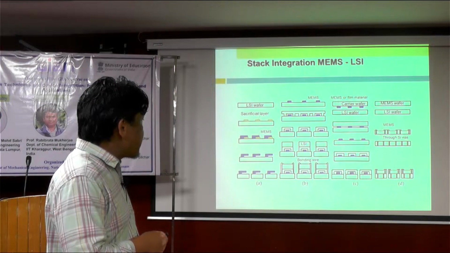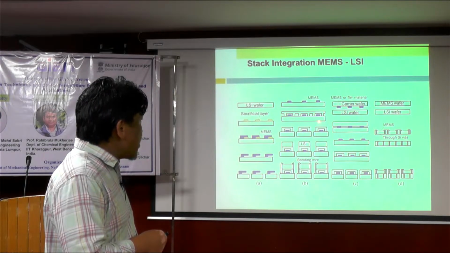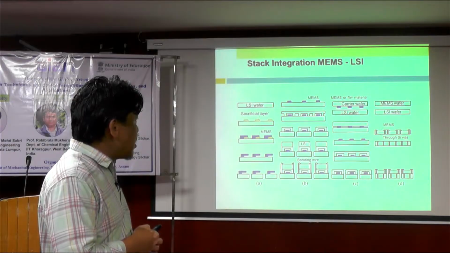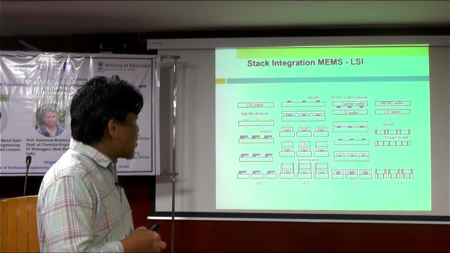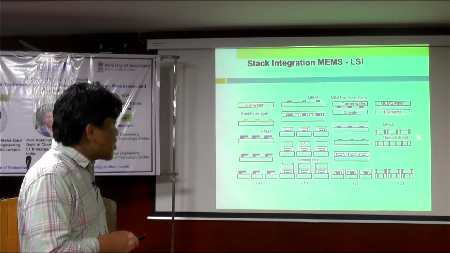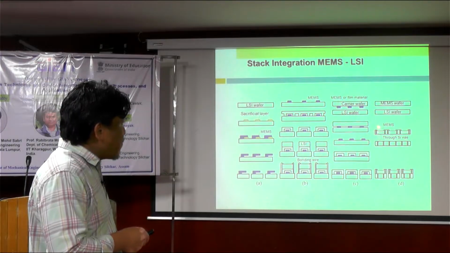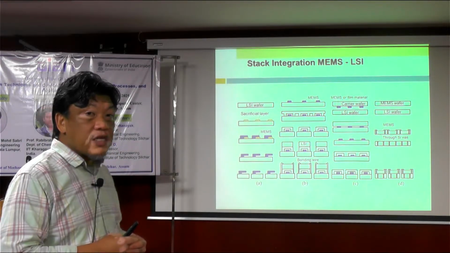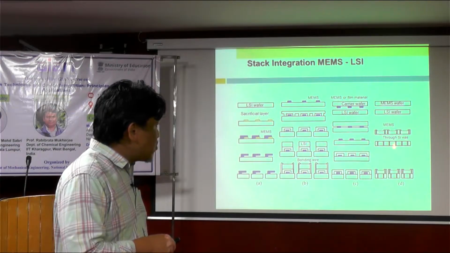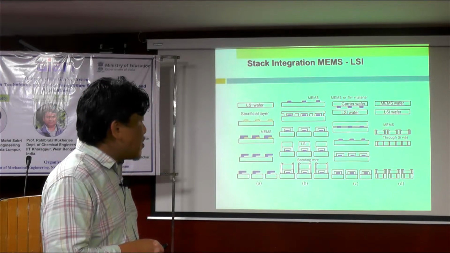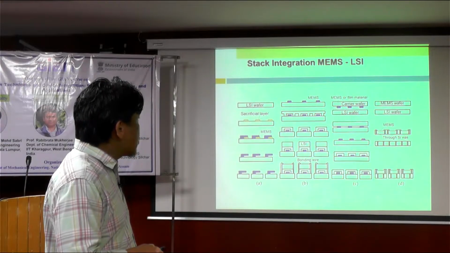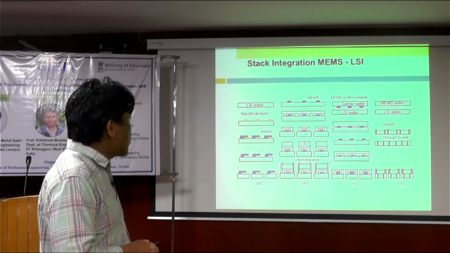And later on we will look into TSV, through silicon via. That is also quite a difficult process. Here you can see we have a through silicon via, which is meant to connect electrically between these two stacking devices or components.